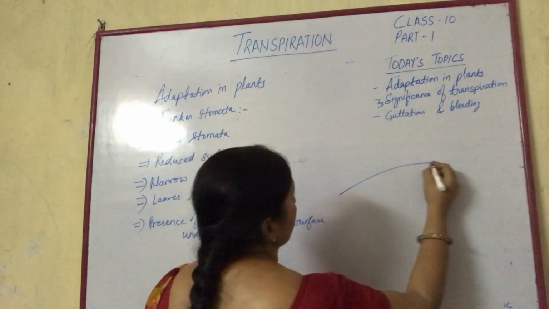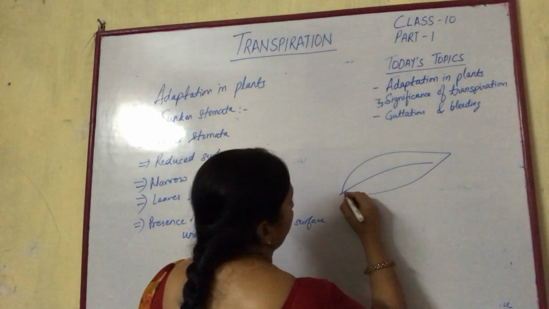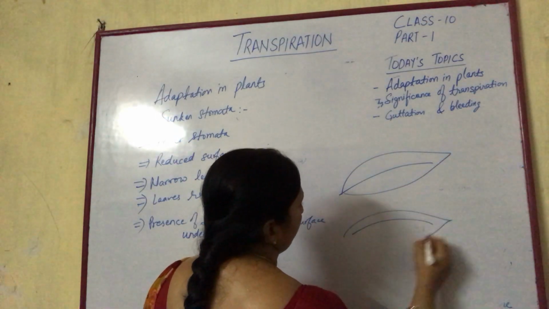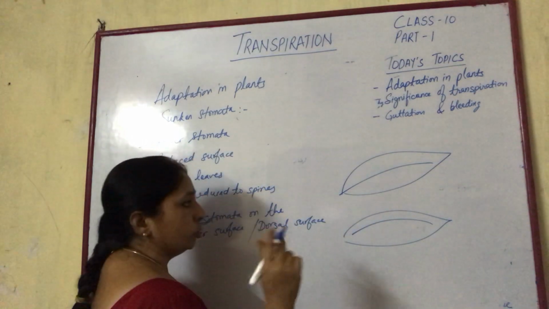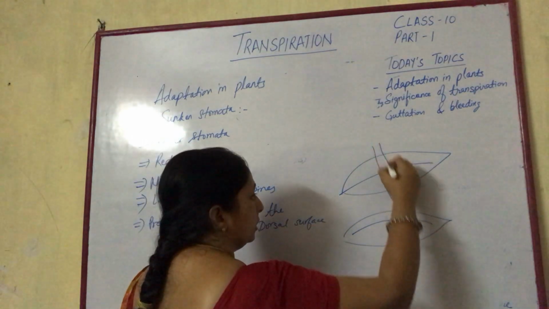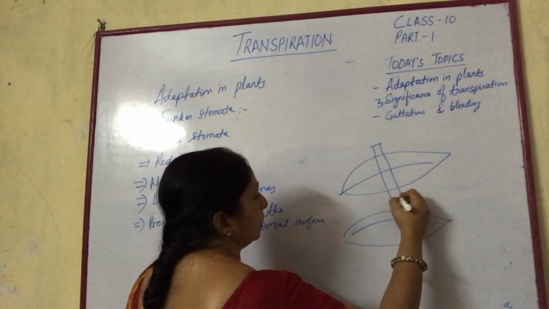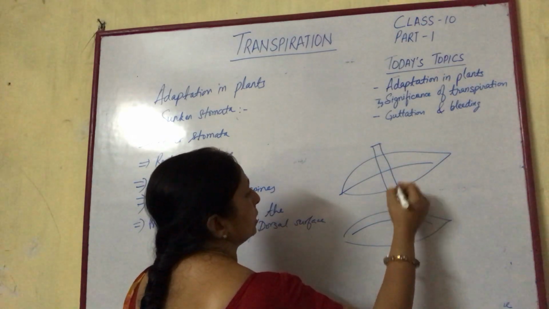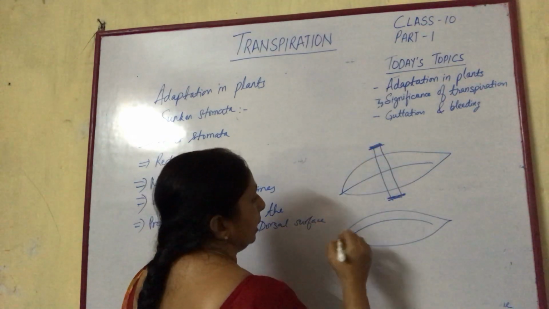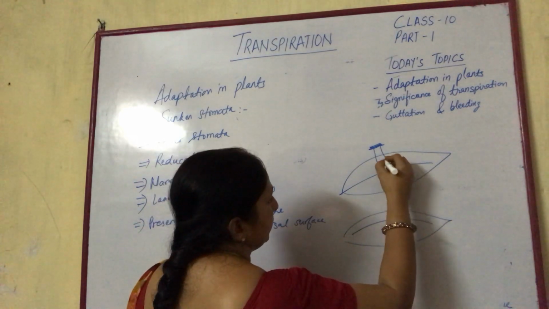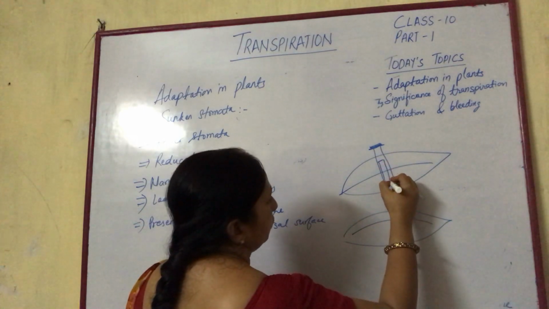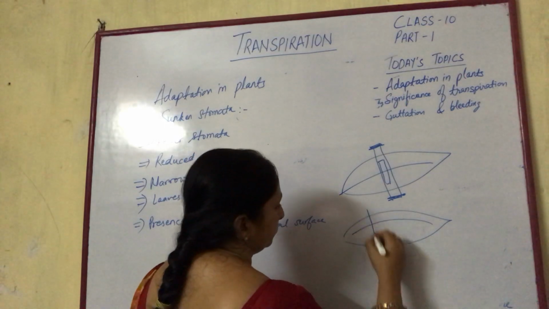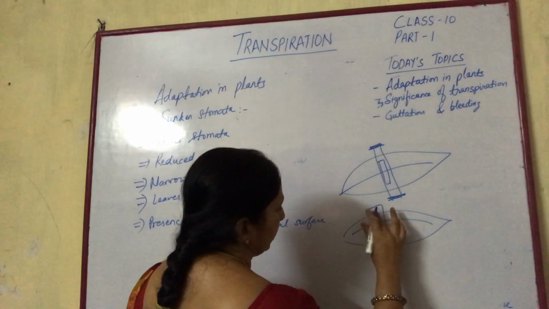For this there is an experiment also. In case of a leaf, we have taken two leaves, and the leaves are covered with two slides tied with the help of a clip. In between the slides there is a strip of dry cobalt paper, and the same in this case also.